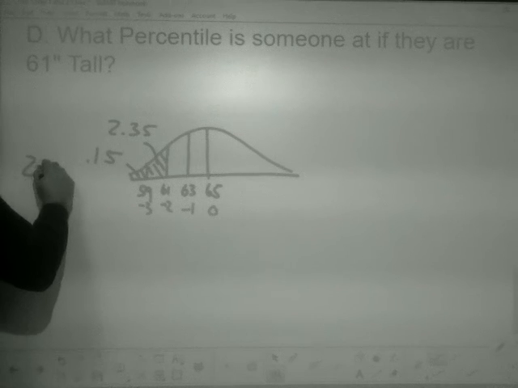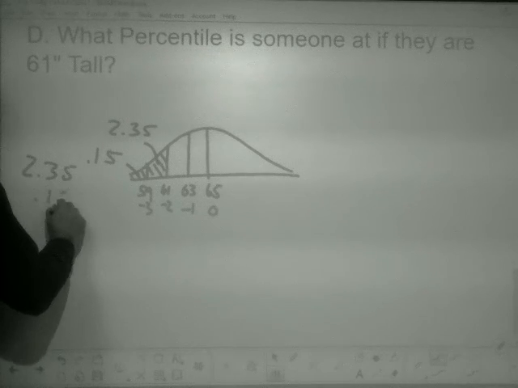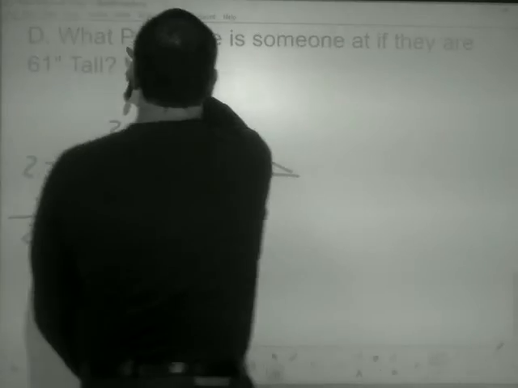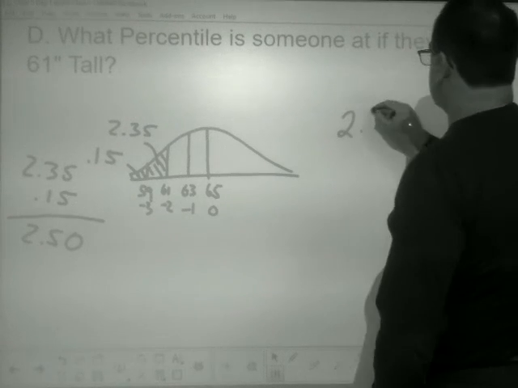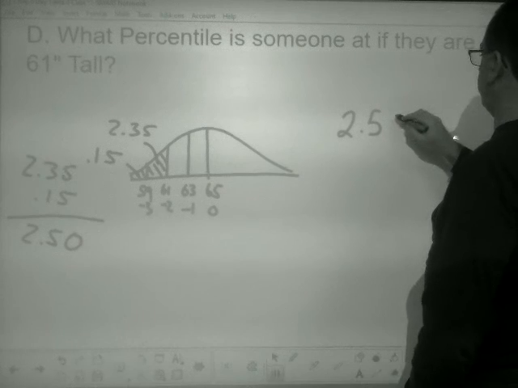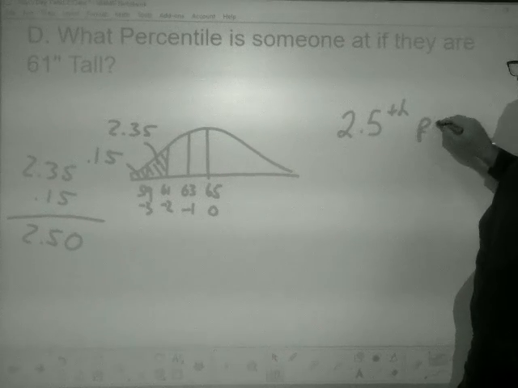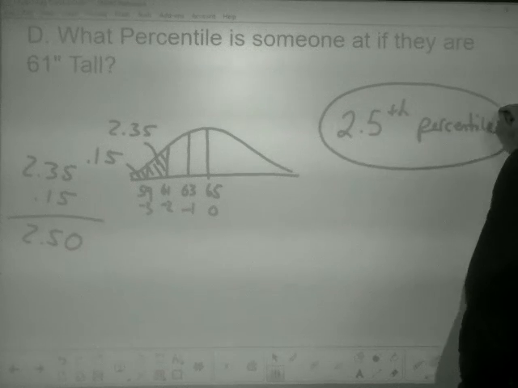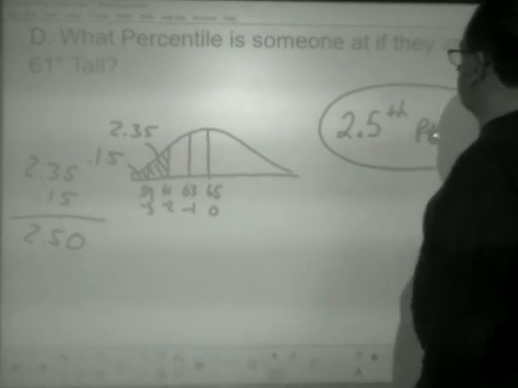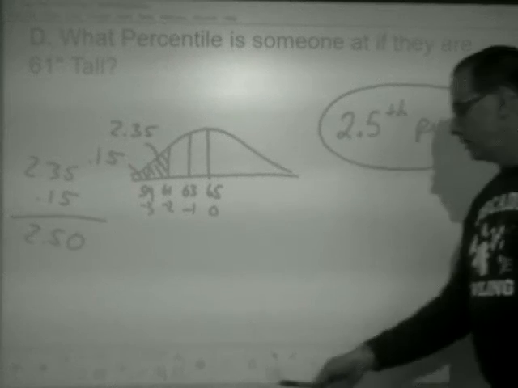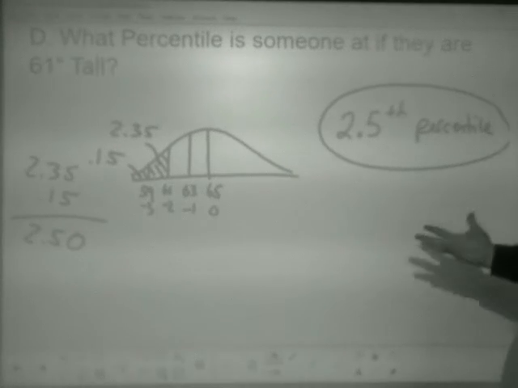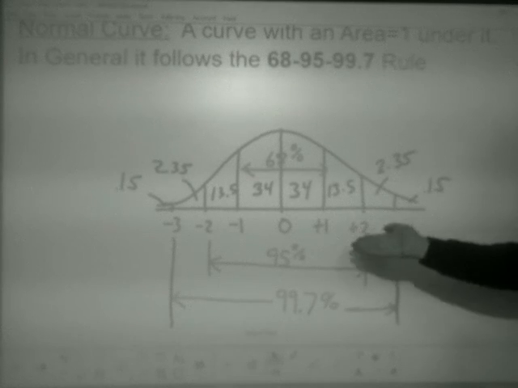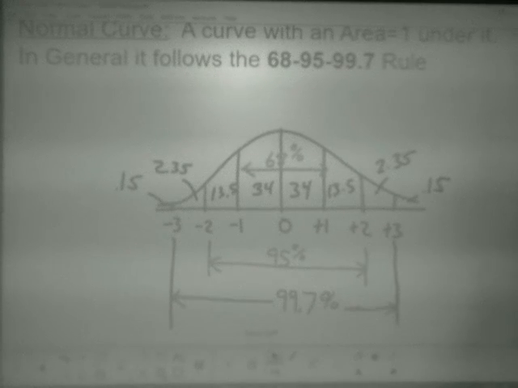If I add up 2.35 and 0.15, I get 2.50. So what percentile? The 2.5 percentile. So this lesson is all about using this chart. Okay?